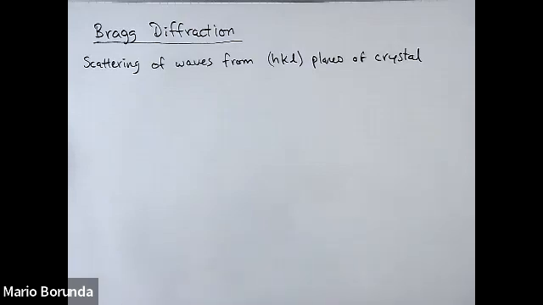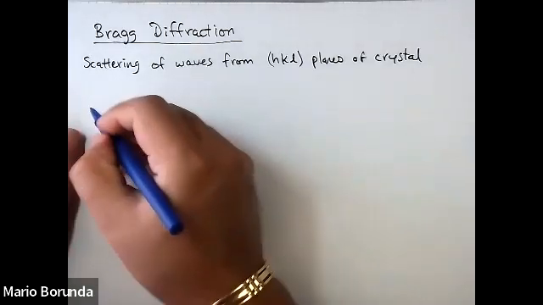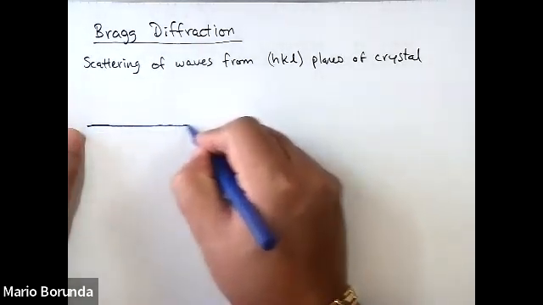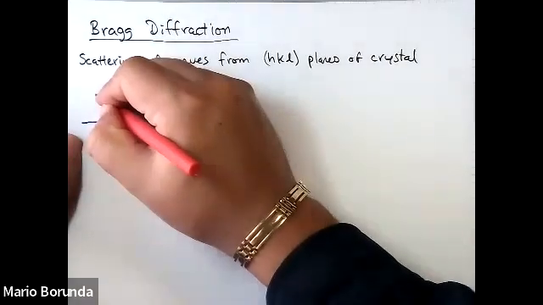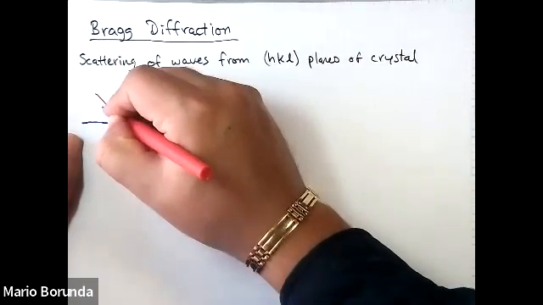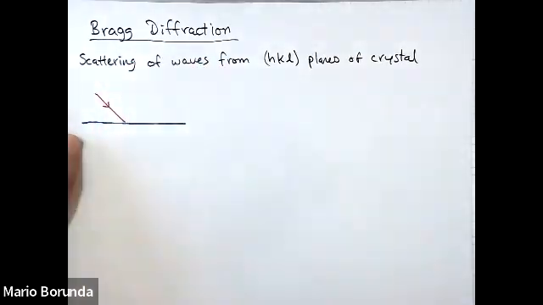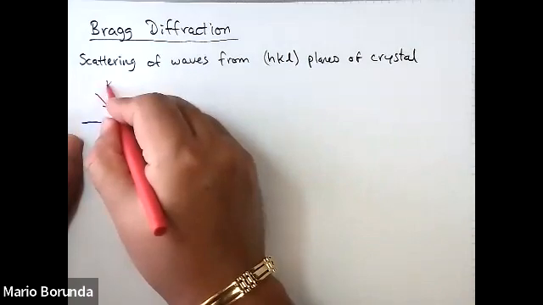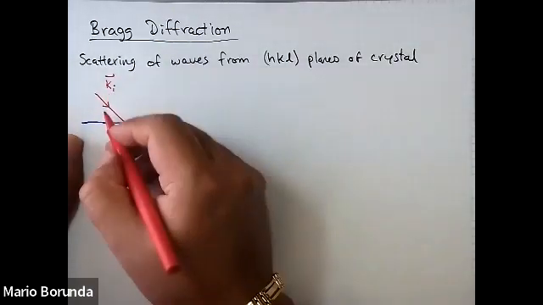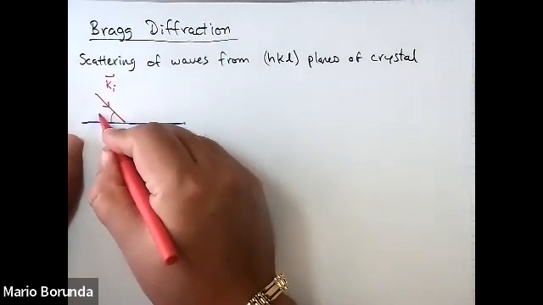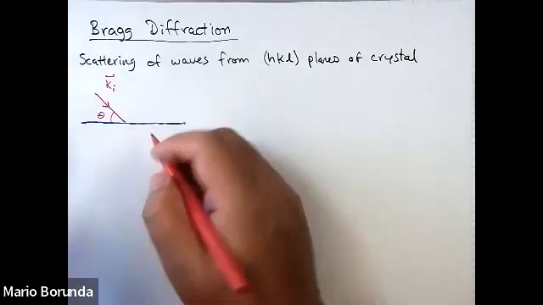So we have a plane now. Let's say that this was our plane. The incoming radiation is going to be incoming from here in this direction. At this point, there's a Ki incoming. And then we have an angle theta right here.